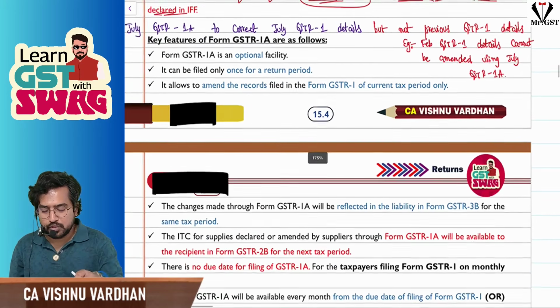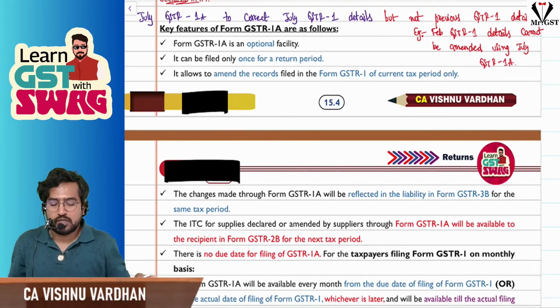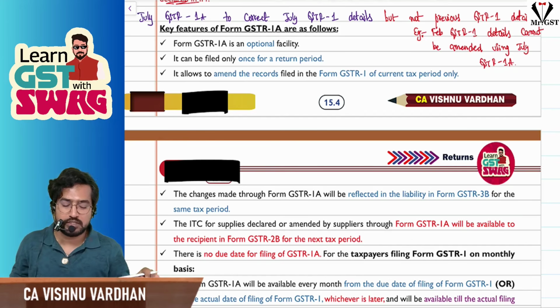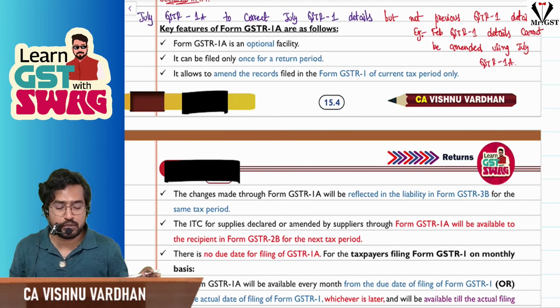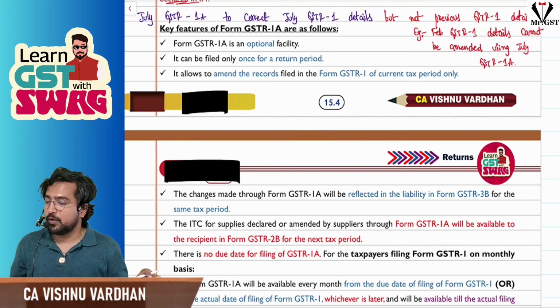July GSTR 1A to correct July GSTR 1 details, but not previous GSTR 1 details. Example, Feb GSTR 1 details cannot be amended using July GSTR 1A. Hope it is clear for you.